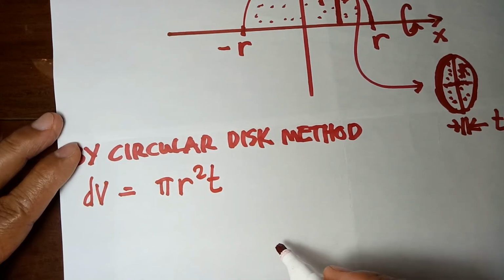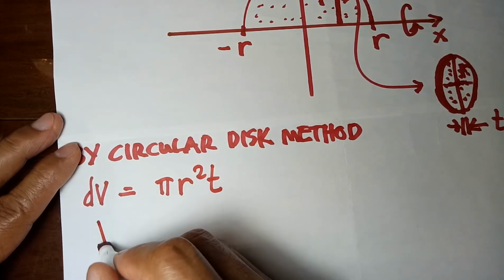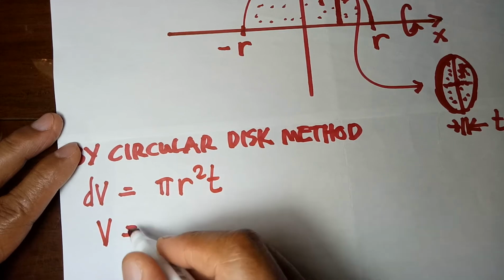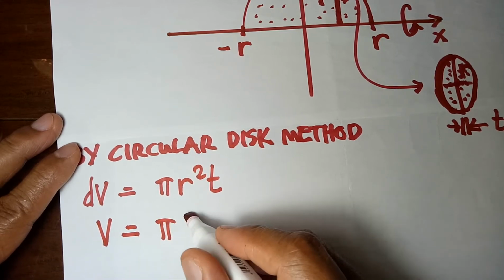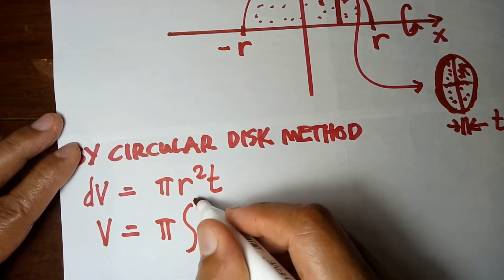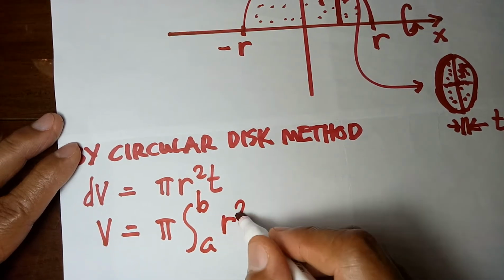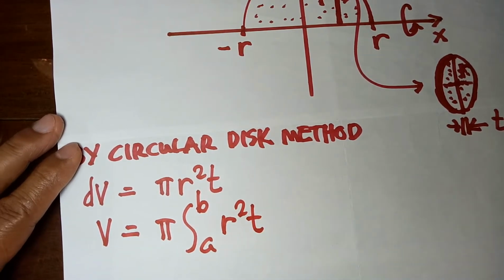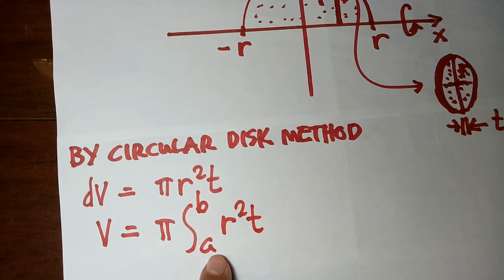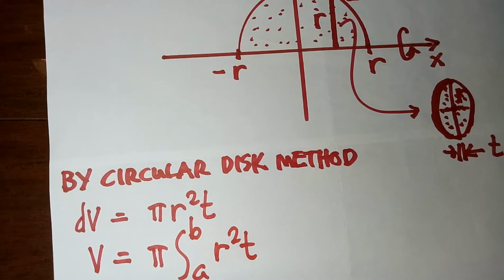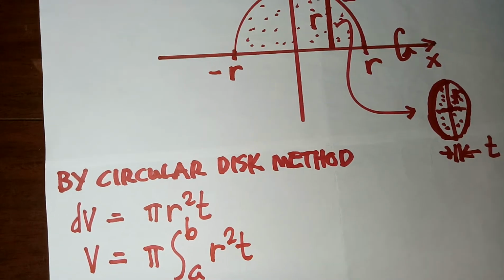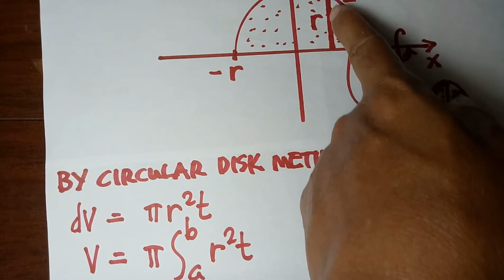Then we integrate both sides. So, the integral of dV equals V, equals pi times the integral from a to b of r squared t. After that, let us identify the parts of the solid, the parts of the circular disc.